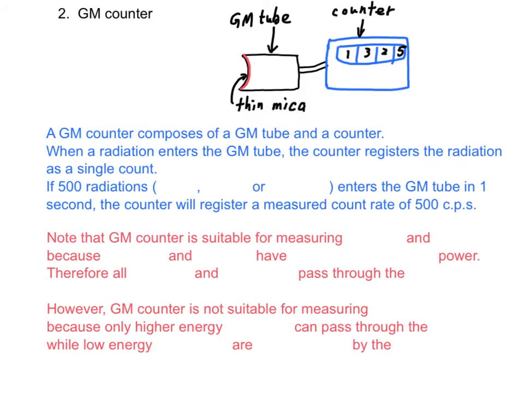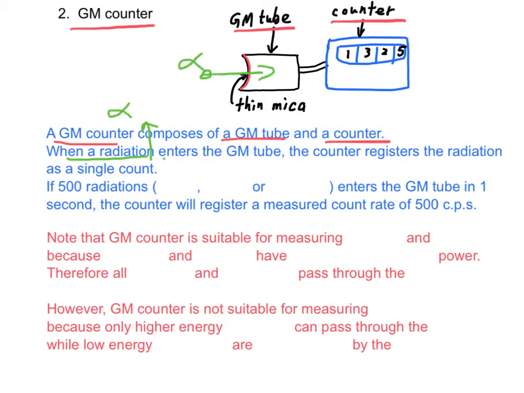The second type of radiation detector is called GM counter. A GM counter is composed of two parts. The first is a GM tube combined with a counter. When a radiation such as an alpha particle enters into the GM tube, the counter will register the radiation as a single count 1.